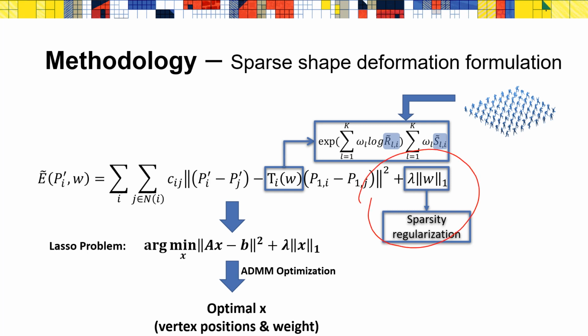This one is the SGP feature, the deformation feature, as consistent as possible. Given the shape collections, we get the SGP features, and then we use the sparsity. We could make the deformation space much more compact, and this could be solved by the ADMM optimization method here. Much more detail could be found in the paper.